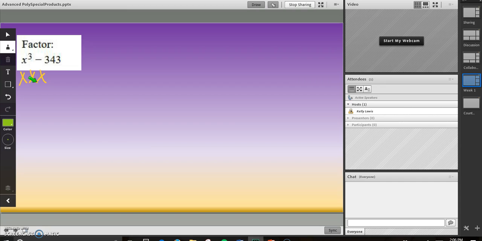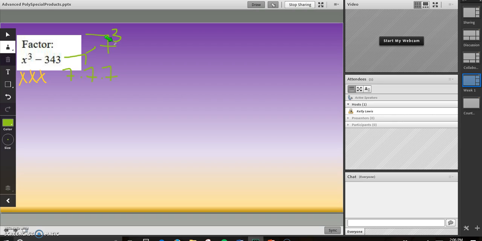Do 3 times 3 times 3, you're going to get 27. Do 4 times 4 times 4, 5 times 5 times 5, keep going till you get 343. You're going to get 7 times 7 times 7, so 343 is really 7 cubed.